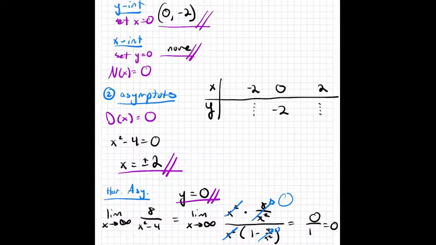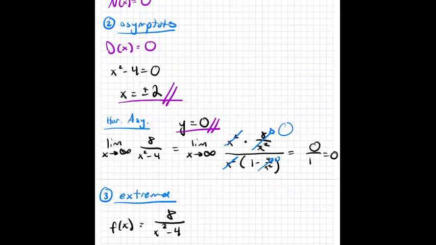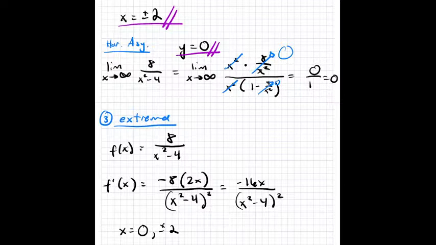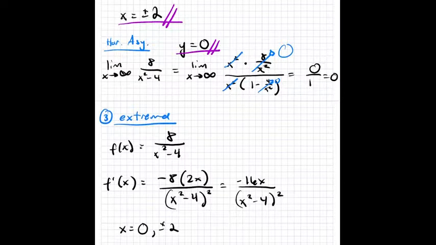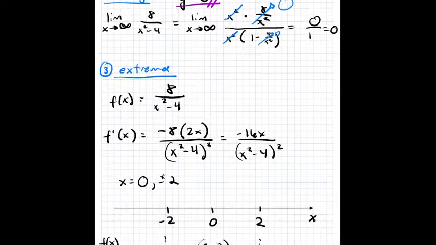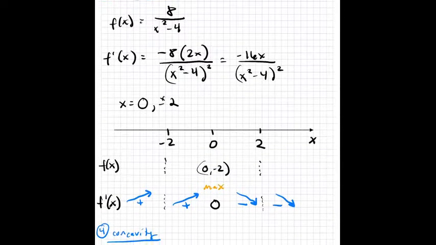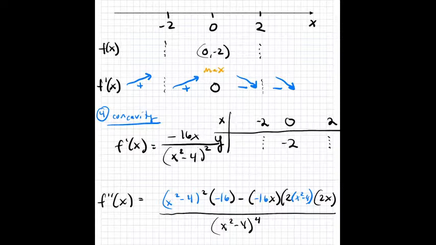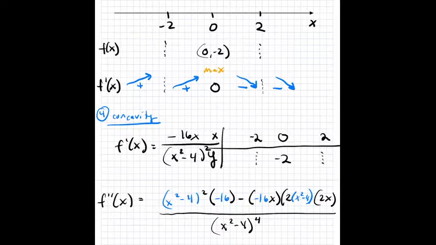I'm just gonna cut my table and bring it with me. Okay, so we've accounted for the asymptotes. We said a horizontal asymptote, y equals 0, okay? We said we had a max, so let me note that this was a max.